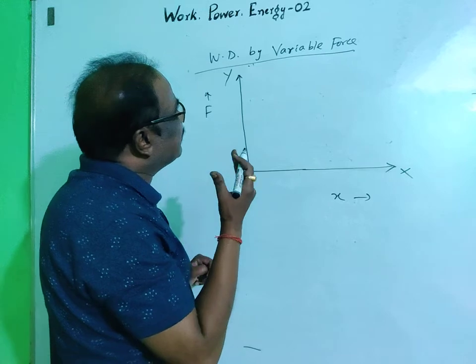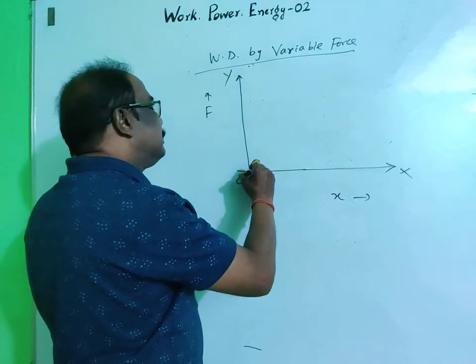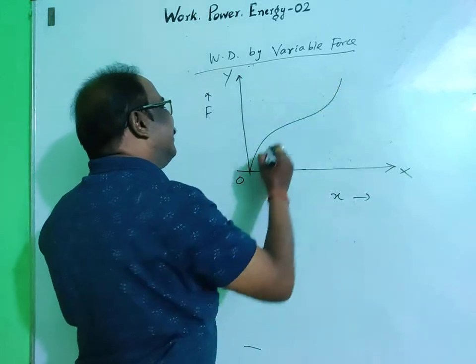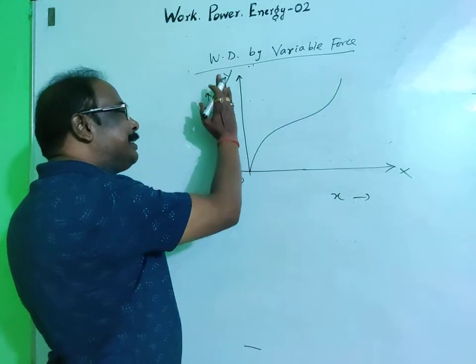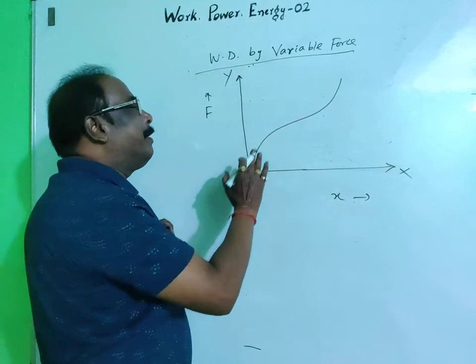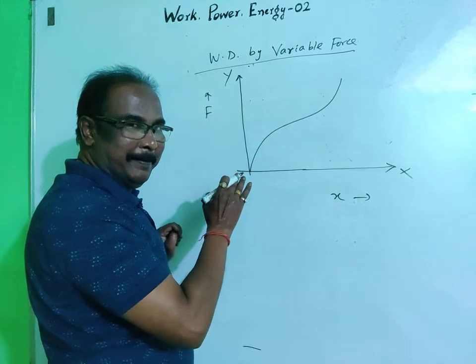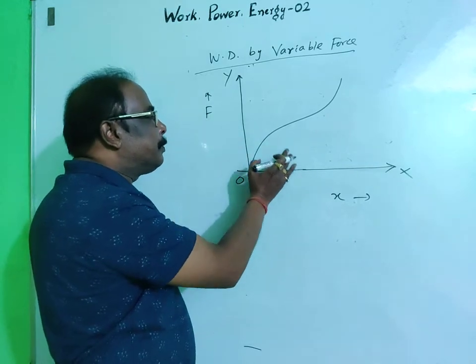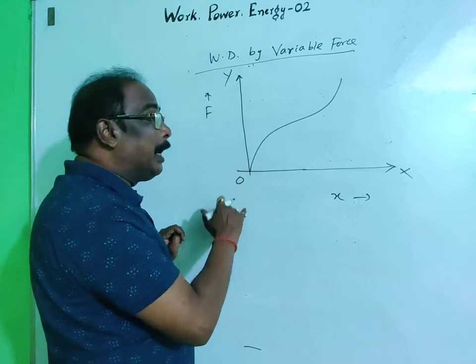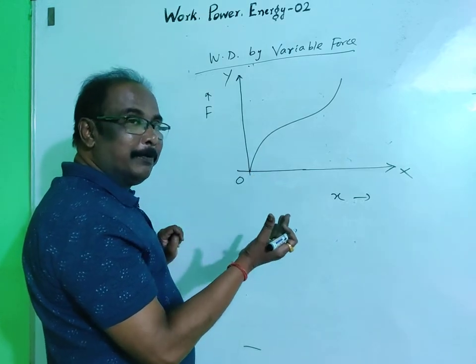Here work is done by a variable force. Let this be a force which is varying in magnitude continuously. Between force and displacement we got this graph. Then how can we calculate work done by a variable force?